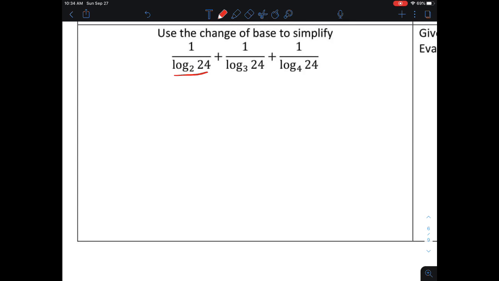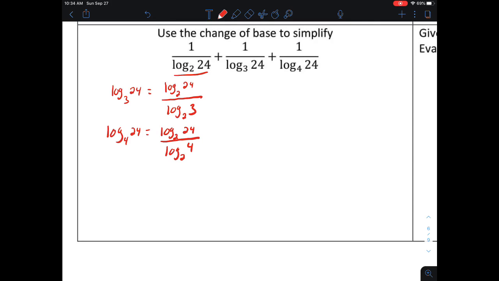So if I do that, I need to change the log base 3. So log base 3 of 24 would equal log base 2 of 24 divided by log base 2 of 3. And then I would need to do the same thing for the log base 4 of 24. So that would be log base 2 of 24 over log base 2 of 4.